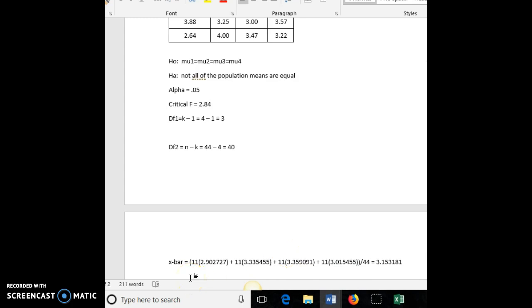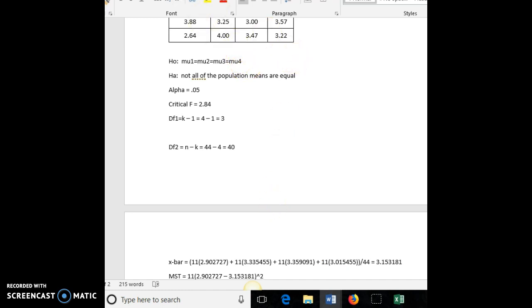All right, so using that formula, that's our MST, we had 11 pieces of data in column 1. Its mean was this amount, and we want to subtract off this value we got right up here, 3.153181, and we are going to square this.